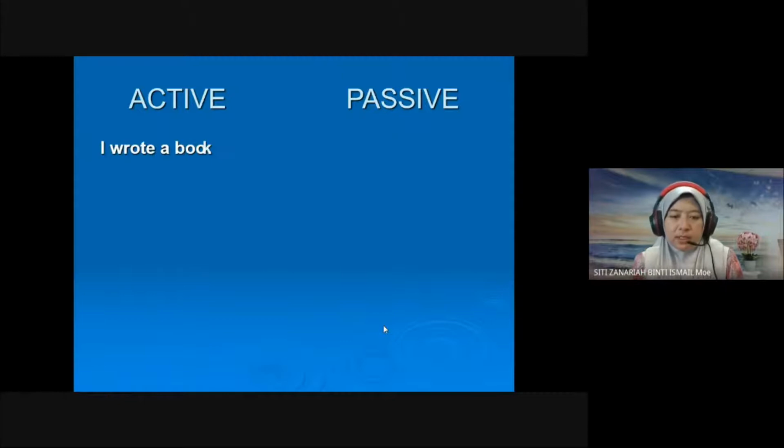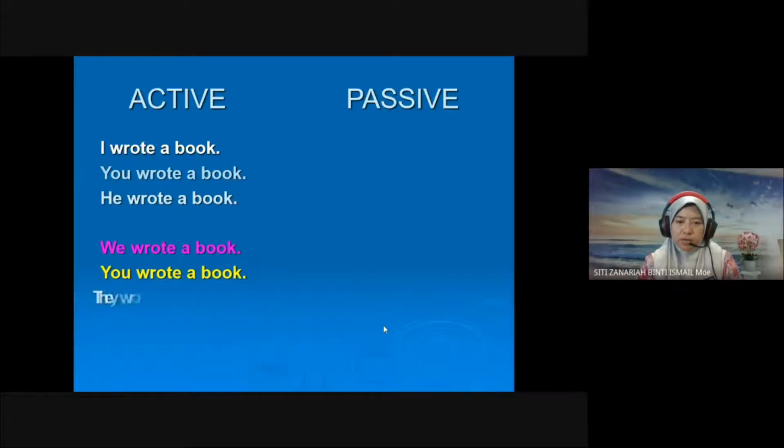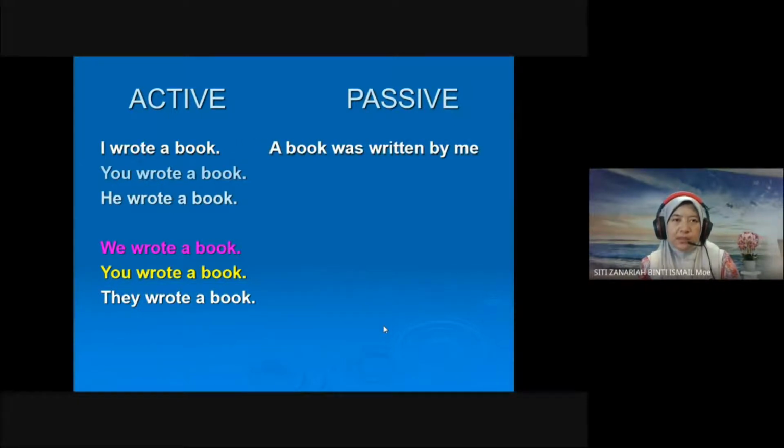So here you can see the differences of active and passive voice when it is written in the past tense form. All written in past tense form. I wrote a book. You wrote a book. He wrote a book. We wrote a book. When it changes to passive voice, we change wrote to the past participle and it becomes a book was written by me. A book was written by you. A book was written by him.